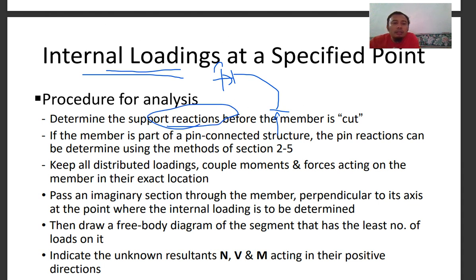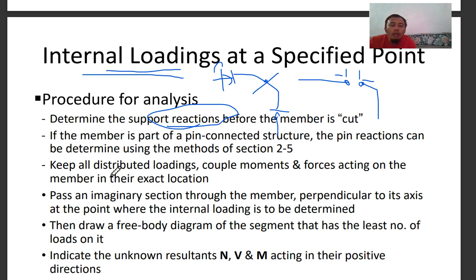The second one: if the member is part of a pin connected structure, the pin reactions can be determined using the method of sections in 2-5. You can look into the textbook. If you have a pin here, in a two-member frame, you can disassemble the member into two parts because you have a pin there, so you can determine the reactions.